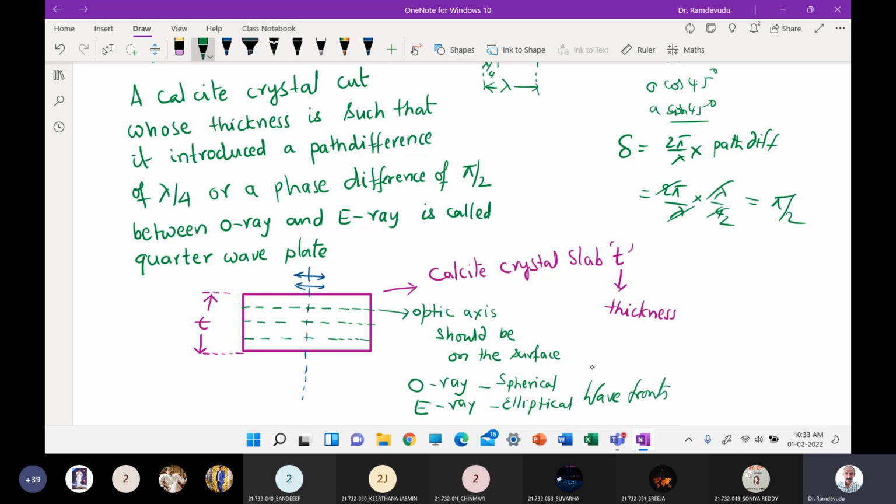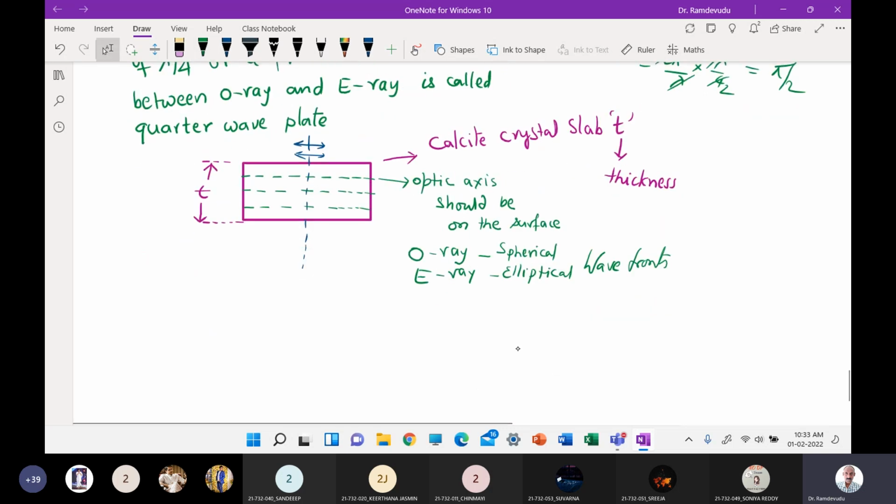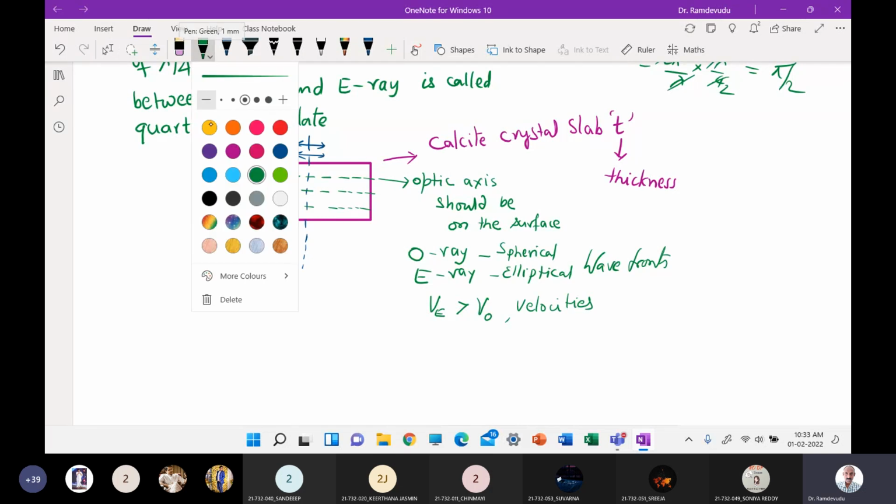And also we know that the velocity of E ray is greater than the velocity of O ray. Therefore, the E ray moves faster in the crystal than O ray.